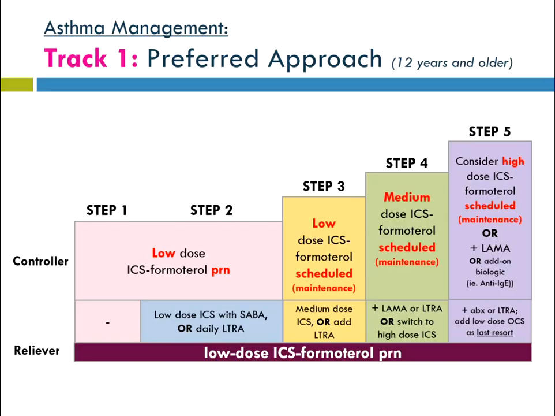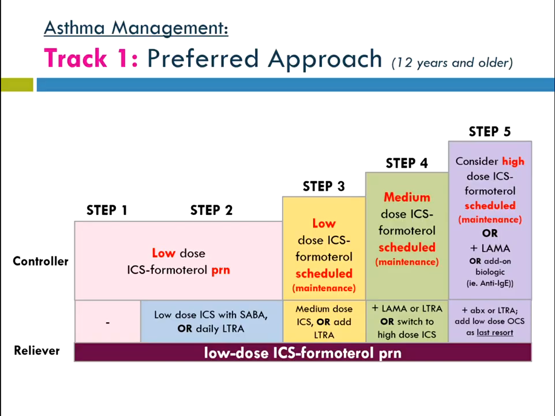Is formoterol a SABA? Google is free. Is formoterol SABA? What are the 2 SABAs? There's only 2. Albuterol and levalbuterol. Those are the only 2 SABAs.